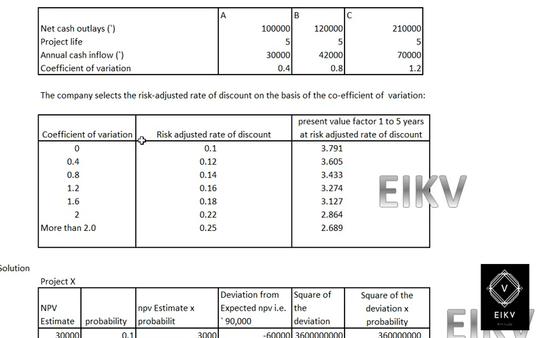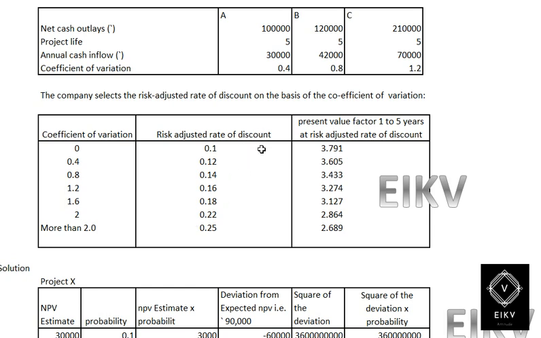So from the start, coefficient of variation 0 has a rate of 0.1 and 3.79. Next one, 0.4, that is 12%, 3.695. Then 0.8, 1.2 and 1.6, then 2, then more than 2.